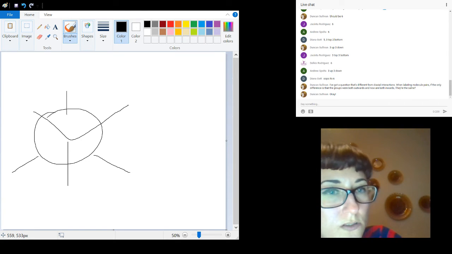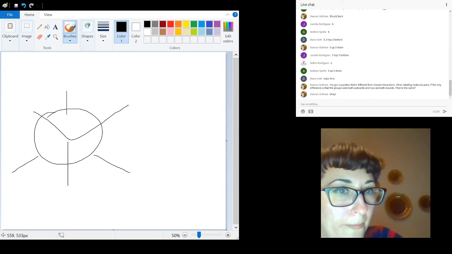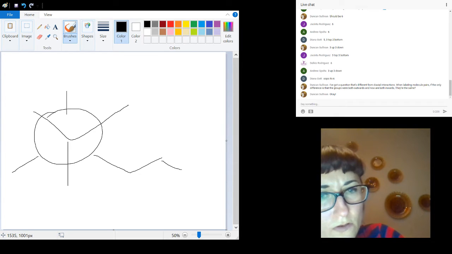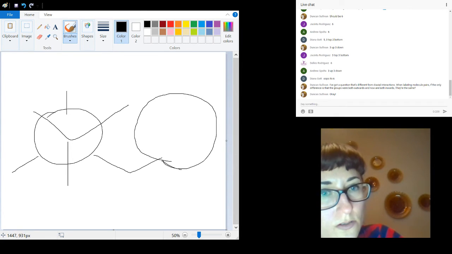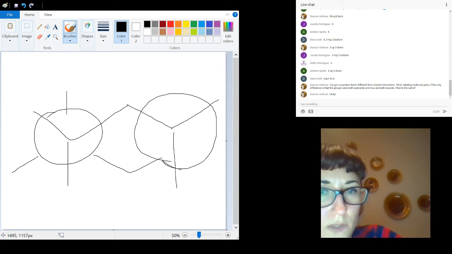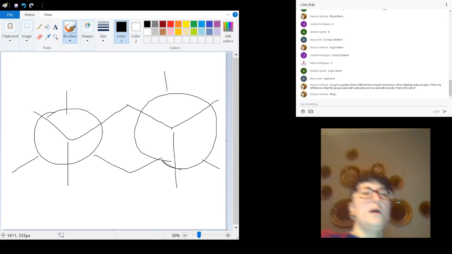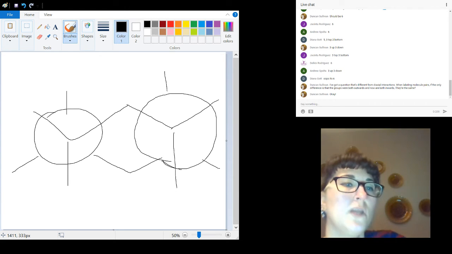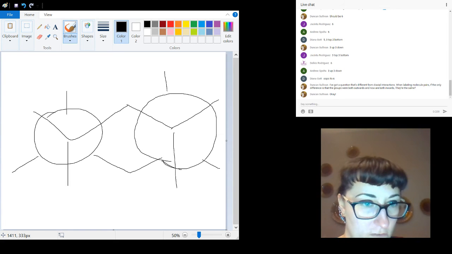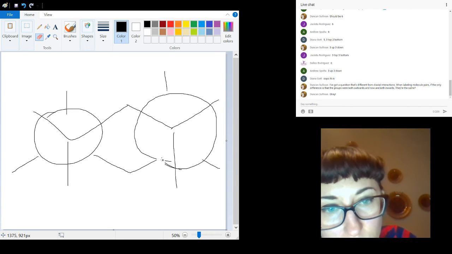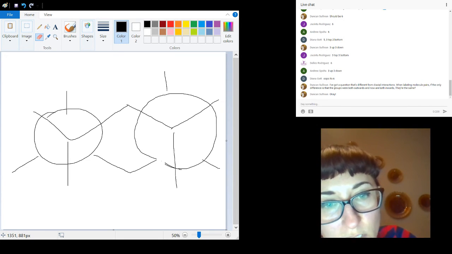And you'll notice with these, I'm running out of room. These are always going to be in a staggered conformation, okay, if we're looking at a boat. Did I get everything right there? That was a little confusing how I had that.